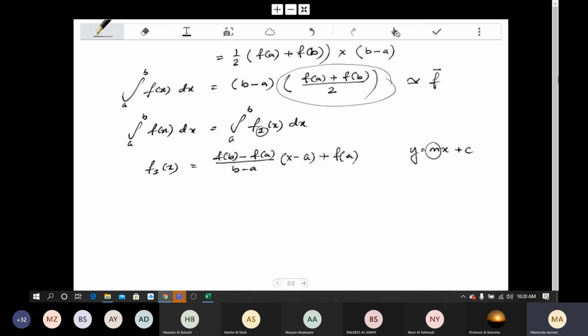Now, once you have this, we can replace it in the polynomial. Let me rewrite it here.